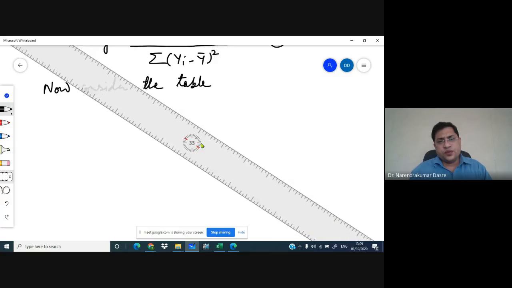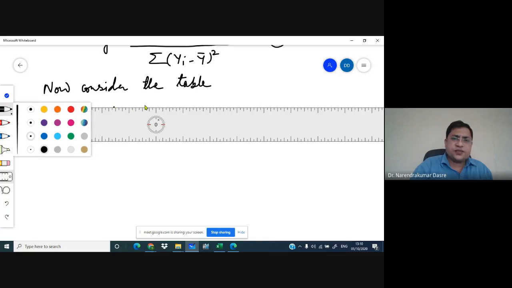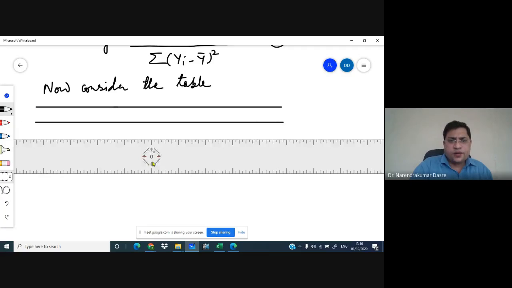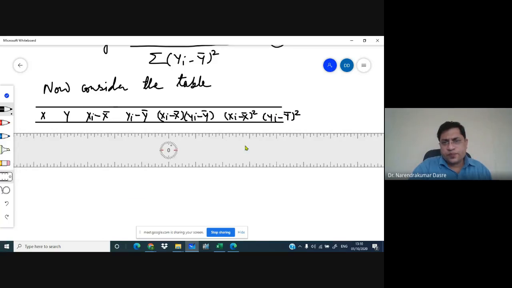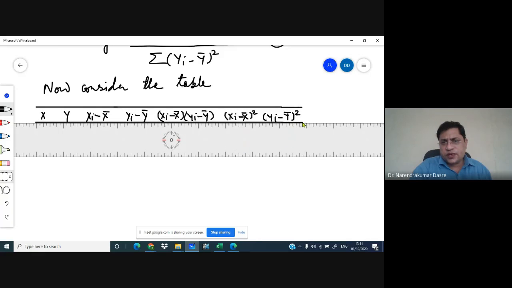First we consider the given x, then the given y, then xi minus x bar, then yi minus y bar, then xi minus x bar into yi minus y bar, then xi minus x bar square, and yi minus y bar square. These are the columns that we need.